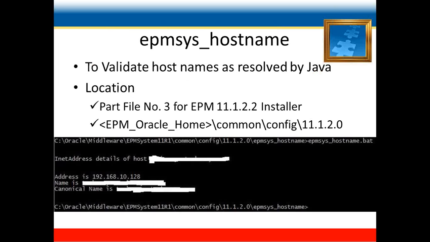Let us first see the EPM sys hostname utility, which is provided by Oracle Hyperion EPM. Basically, the canonical hostname of each server, while configuring Oracle Hyperion EPM products, must be the same while accessing from the same server or from any other server.